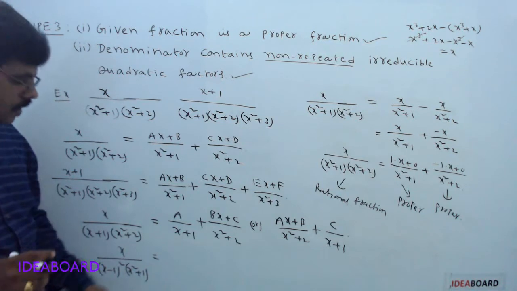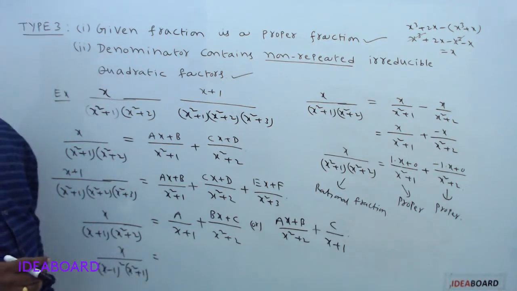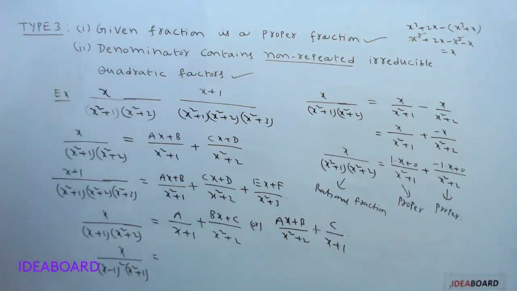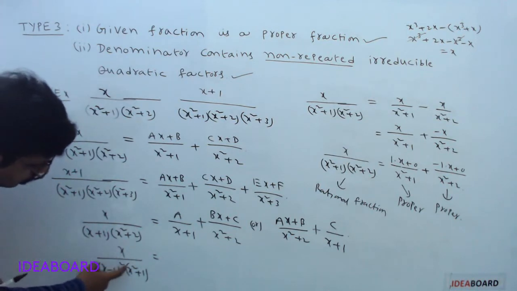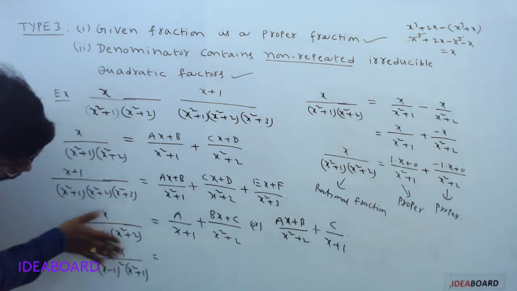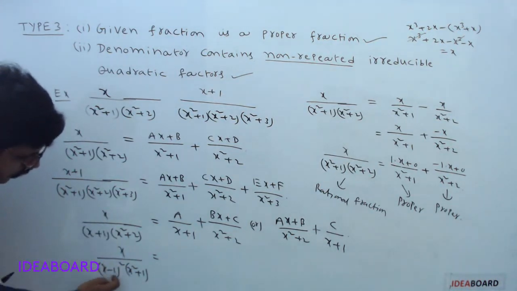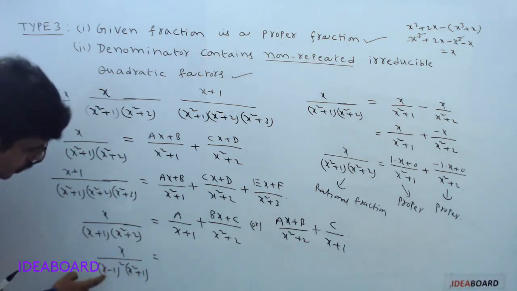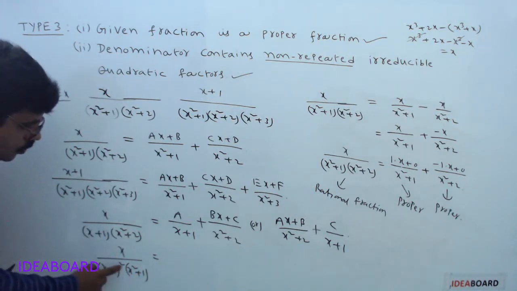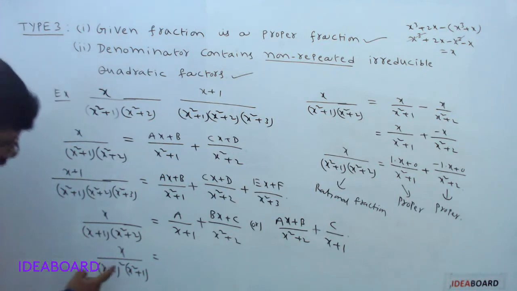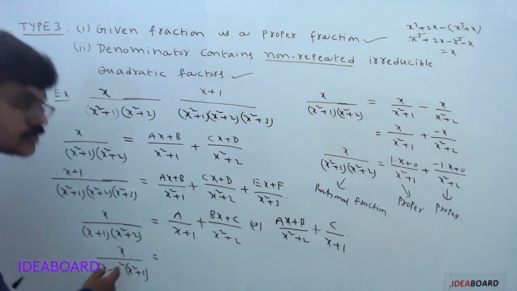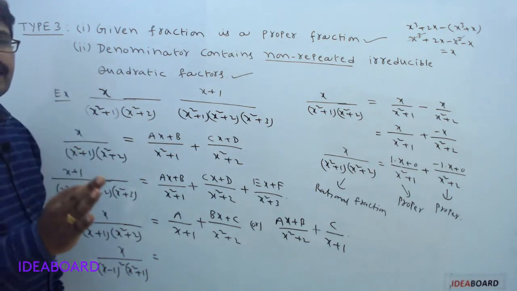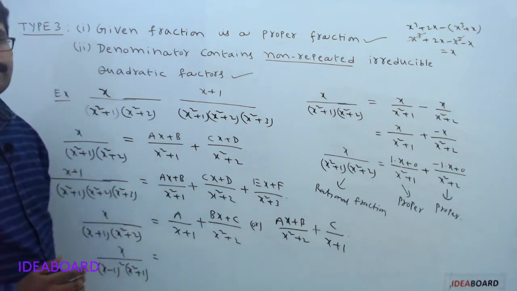Basically it is a proper fraction. Now observe the denominator. If you close its power, it is a linear factor. How many times will it be repeated? 2 times. So this (x minus 1) whole square is called a repeated linear factor.